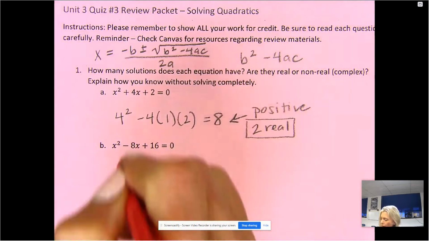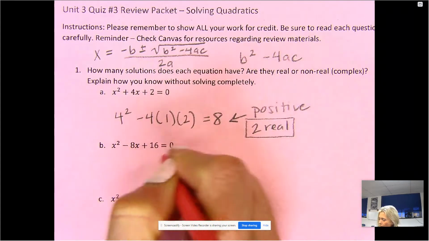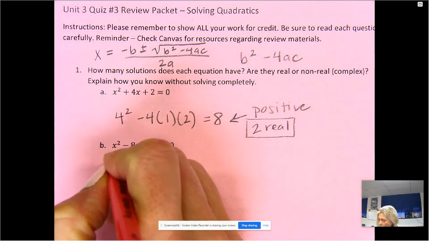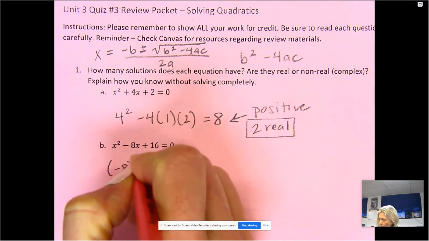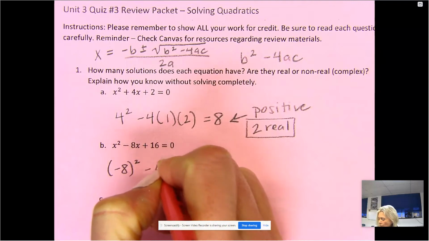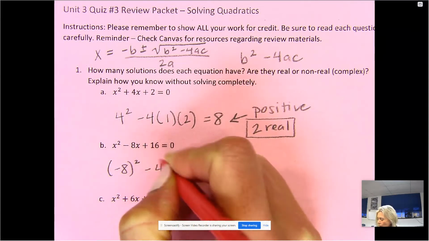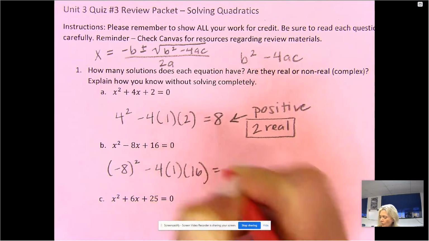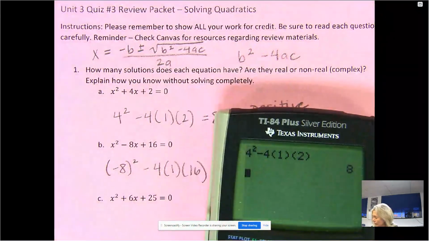On part B, so b squared minus 4ac, again, b is negative 8. So we need parentheses when it's negative. Negative 8 squared minus 4, a is 1, c is 16. And I'll put that in the calculator.